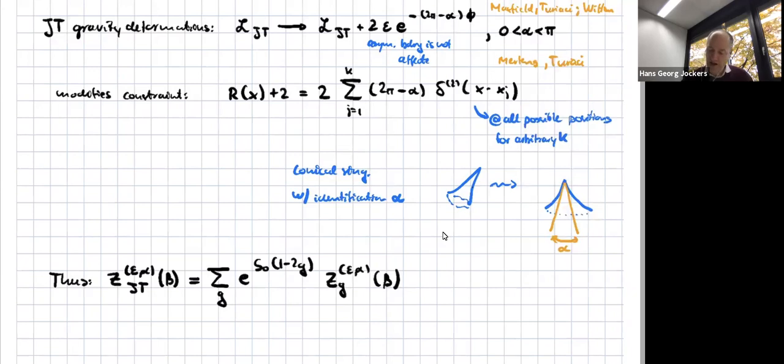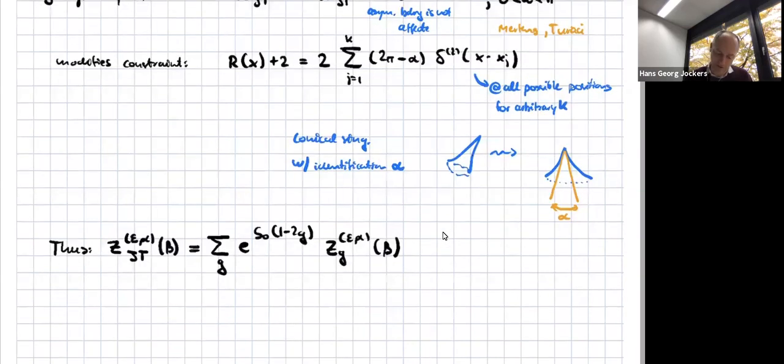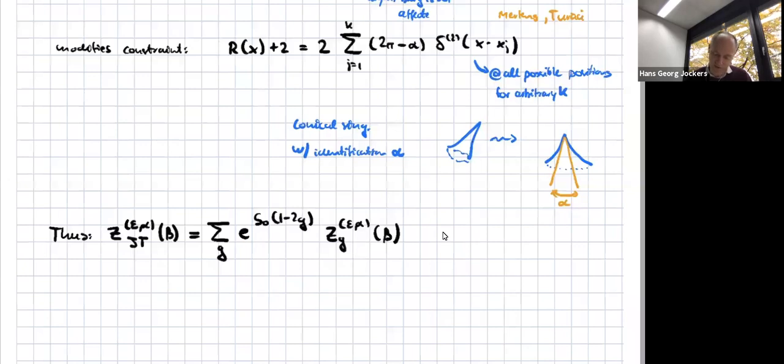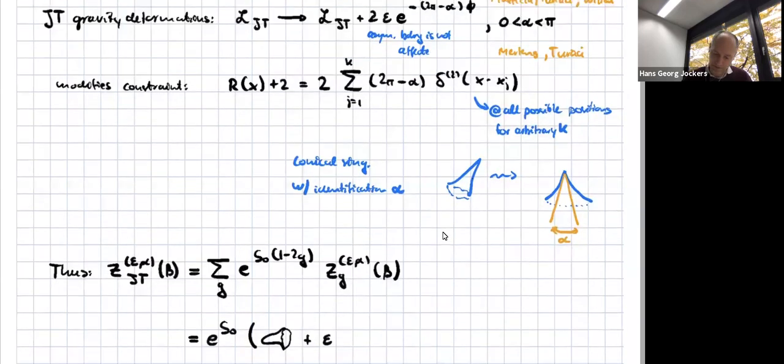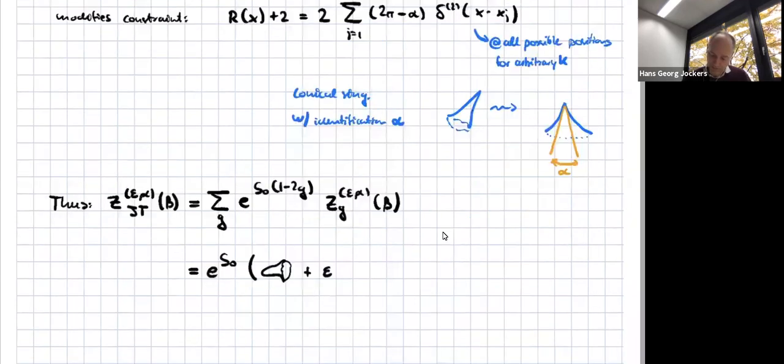Okay, so this is now, as was asked, what is this K? This becomes a fairly complicated sum. What is the sum? Well, at genus zero, or at the disk level, we have this disk contribution. Then we have the order epsilon, such a contribution, and so on.